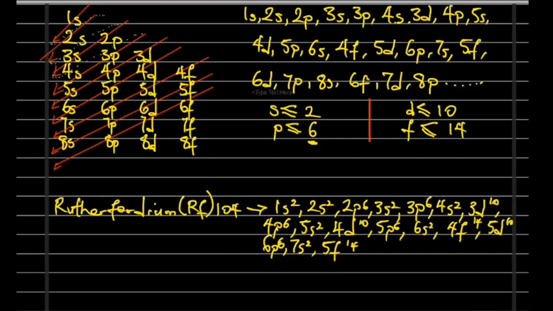So that means we have 2 more electrons. After 5f, we have 6d, 6d2. Alright, so this is the electronic configuration for rutherfordium.